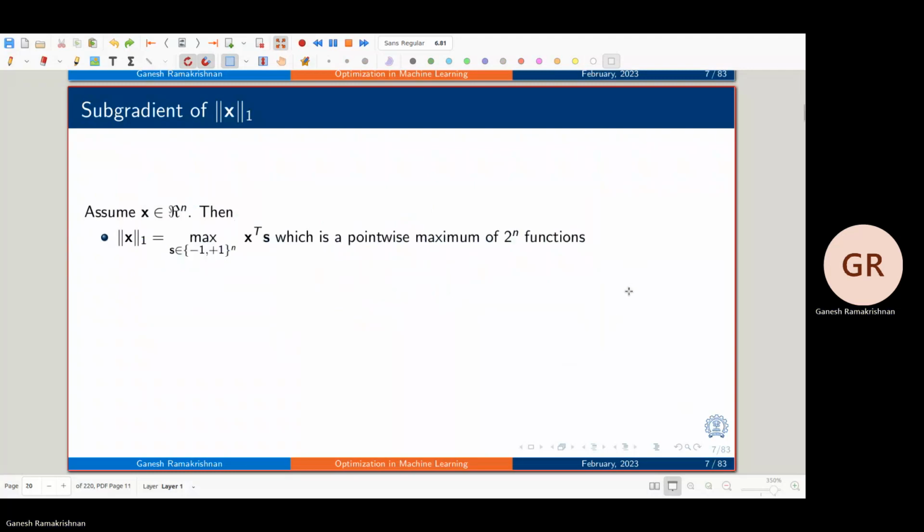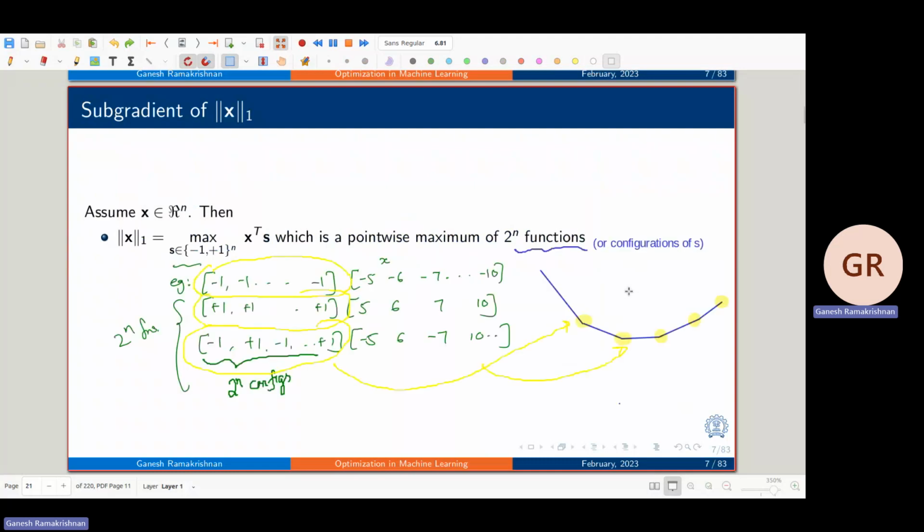So the 1 norm is the max of s transpose x, which is a pointwise maximum of 2^n functions, and you can see 2 raised to n configurations of s. And the problem is, of course, going to be those regions like here, or here, these yellow regions. Those are the regions where there could be zeros because multiple of them coincide.